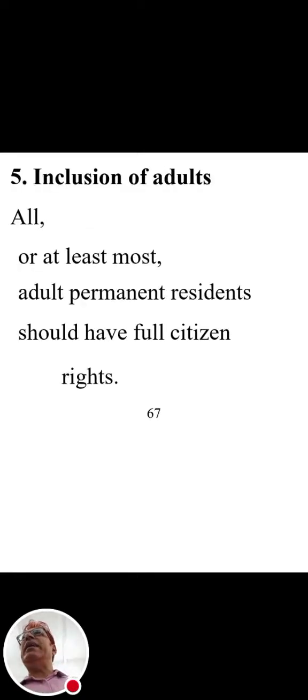And the fifth standard or the fifth criteria, inclusion of adults. Repeat with me. Inclusion of adults. All or at least most adult permanent residents should have full citizen rights.